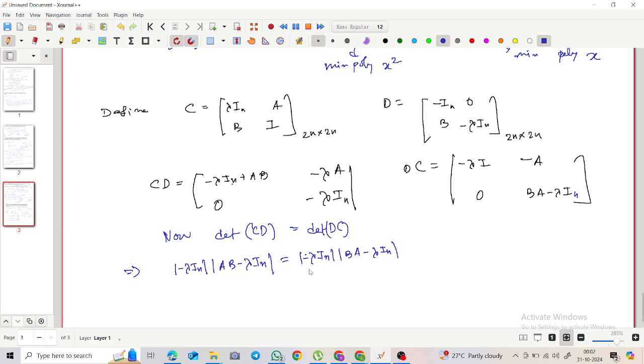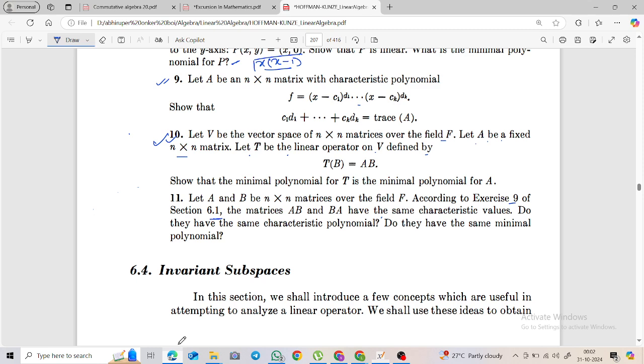You cancel these two parts. So the determinant of AB minus lambda IN equals the determinant of BA minus lambda IN. So the characteristic polynomial for AB is equal to the characteristic polynomial for BA.